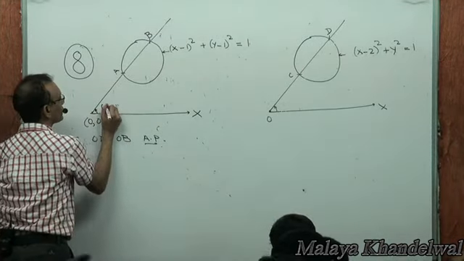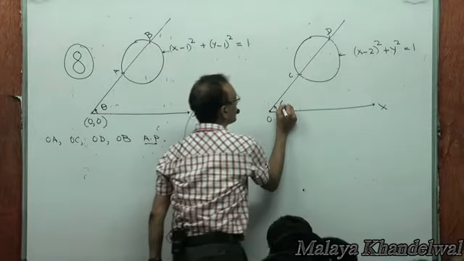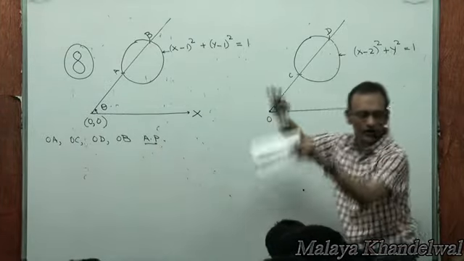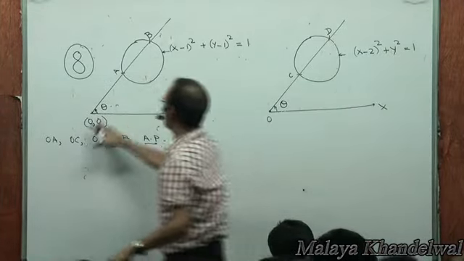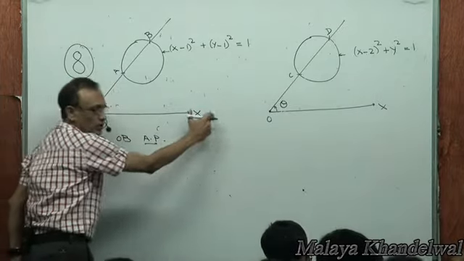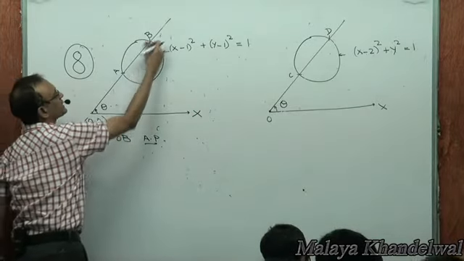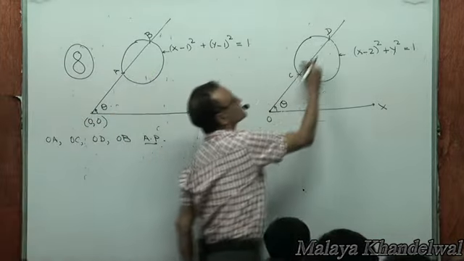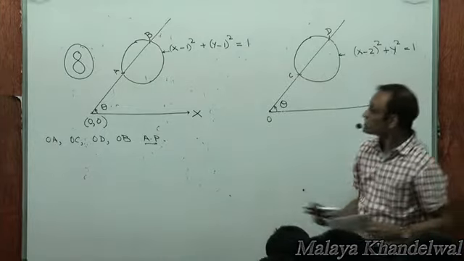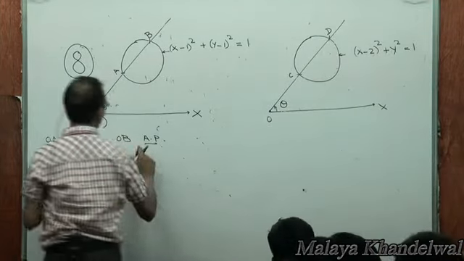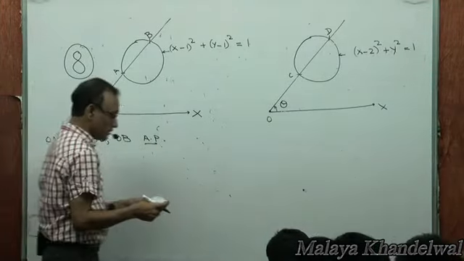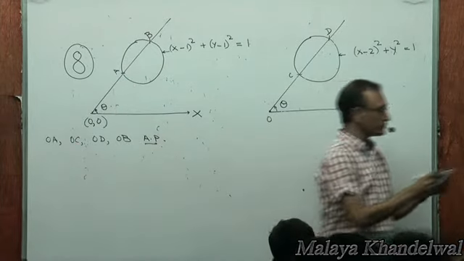So this angle theta, this angle theta. It would have created a clutter if I had drawn them on the same view. It's the same line, making an angle theta with the positive direction of the x-axis, intersecting this curve at A and B and intersecting this curve at C and D, such that OA, OC, OD, OB are in AP. We want to find the equation of this line.